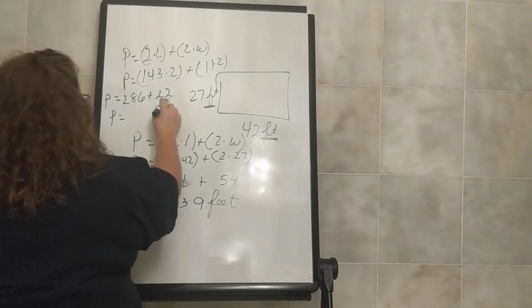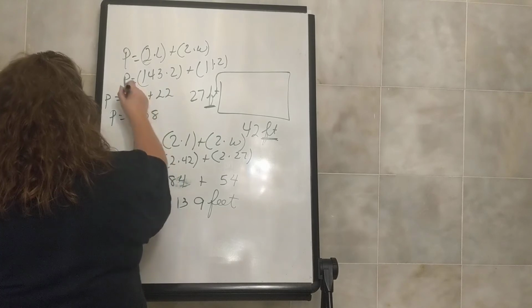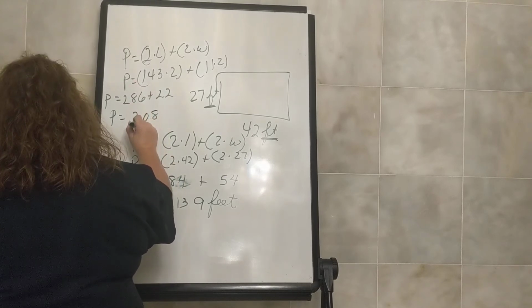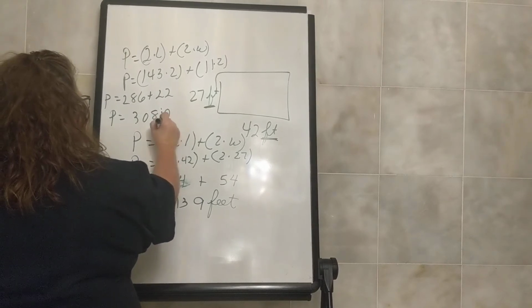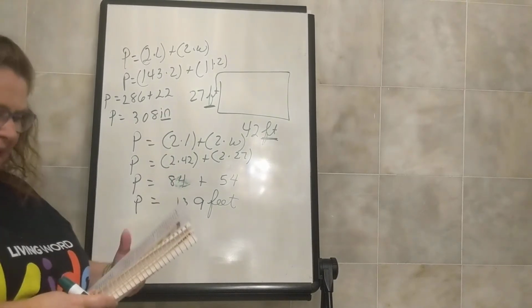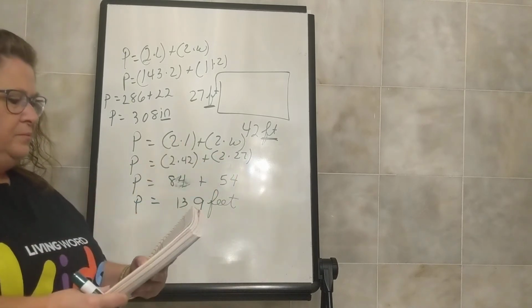Perimeter equals 6 plus 2 is 8. 8 plus 2 is 10. Put 0 down, carry the 1. Perimeter equals 308, and our measurement was inches. Okay? Go ahead and turn over to page 252.